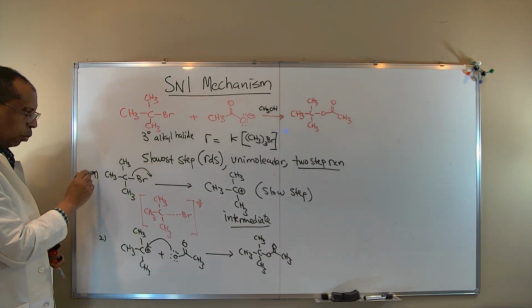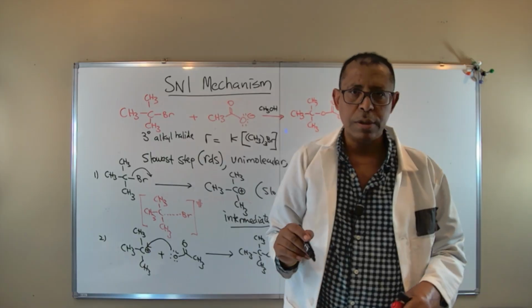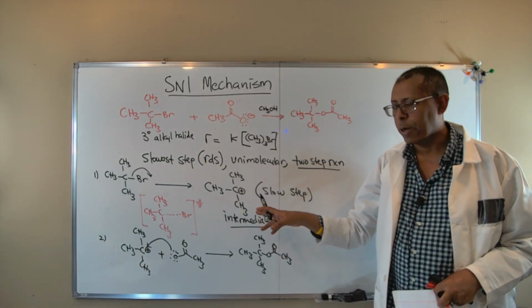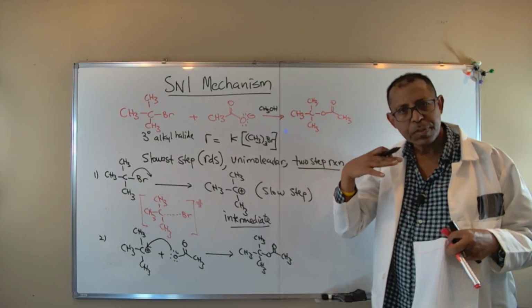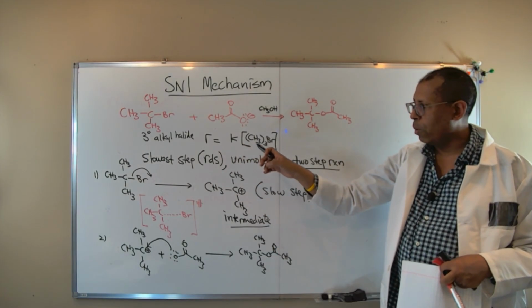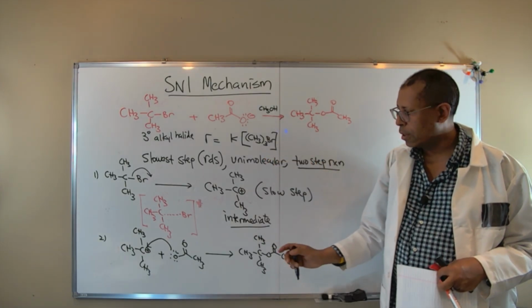Two-step. Step one is carbocation formation. That is a slow step, that's the rate determining step to form the carbocation. Once the carbocation is formed, that's why only the alkyl halide is implicated. That's the rate determining step.